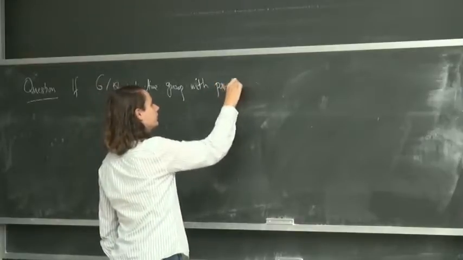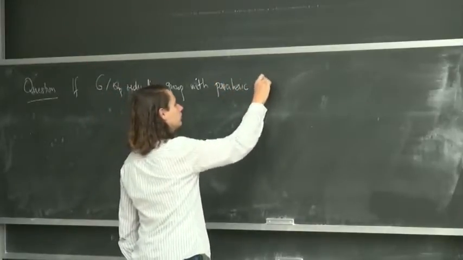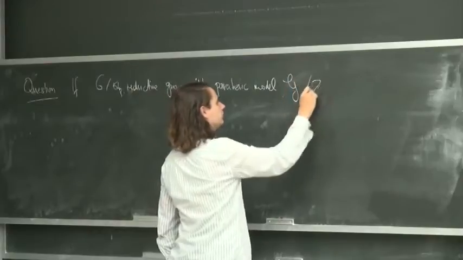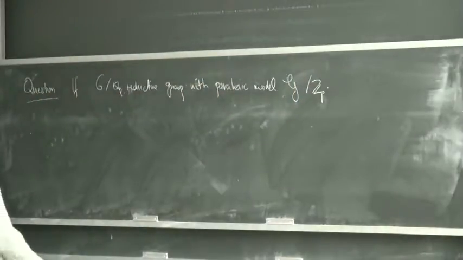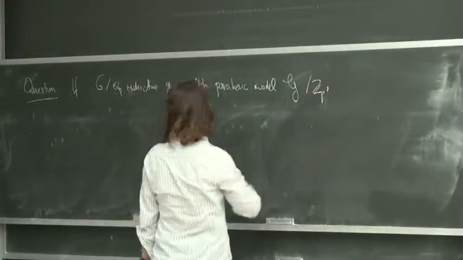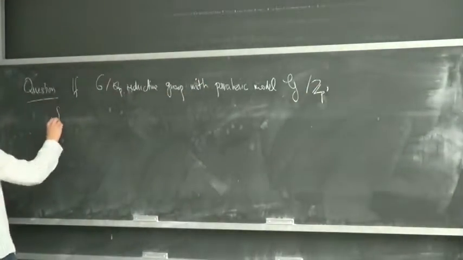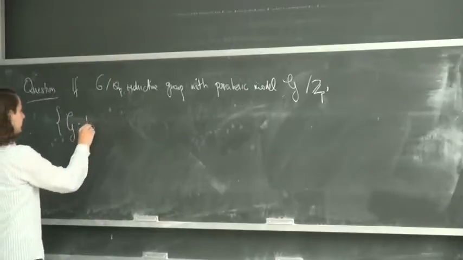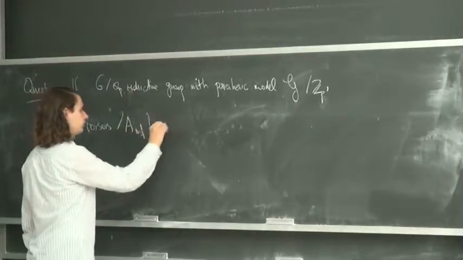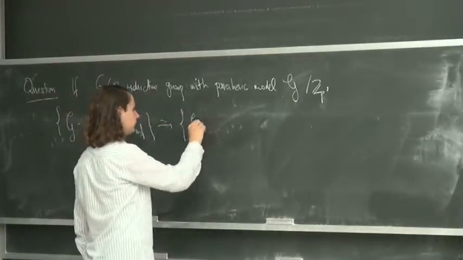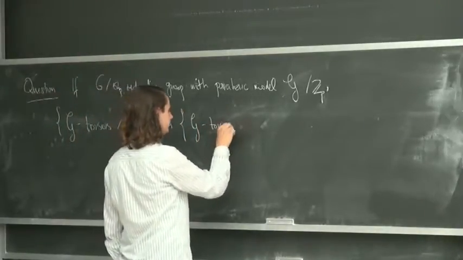This parahoric model, some G over Z_p. Is it true that G-torsors in the algebraic sense over A_inf are the same thing as, well, first of all, G-torsors on the punctured spectrum?